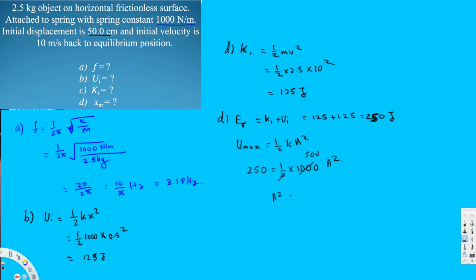A square is equal to 250 over 500, and this is equal to 1 over 2. So A is going to be equal to 1 over square root of 2, and let's see what that gives us. That gives us 0.707 meter, and if you convert this into centimeter, it's going to be 70.7 centimeter.